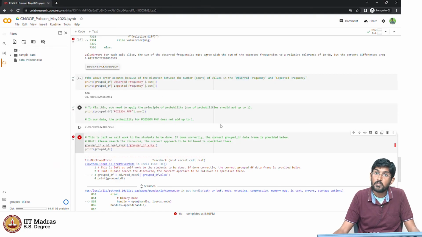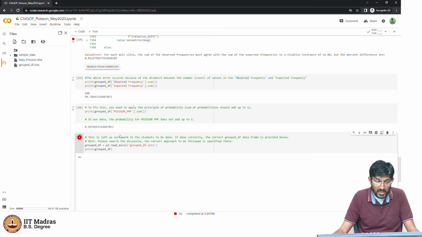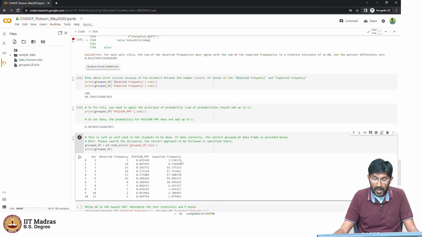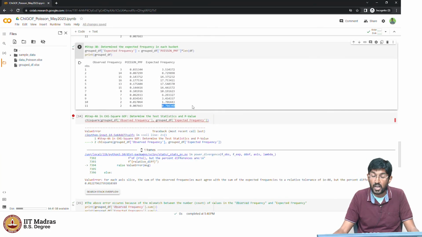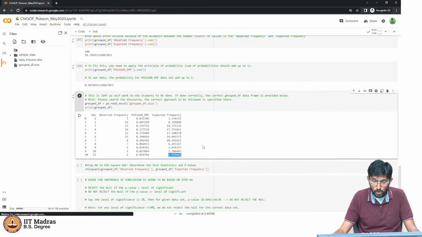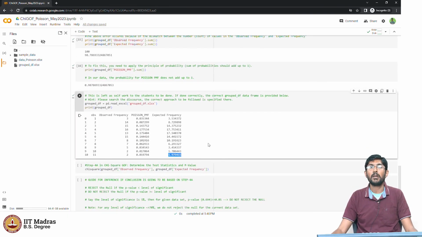If you actually implement the solution correctly, you should get a data frame that looks like this, the grouped underscore df that has been given to you. That data frame would have the corrected value, and the value that has been corrected would be this last value. Instead of 0.766, the last value would be 1.97.